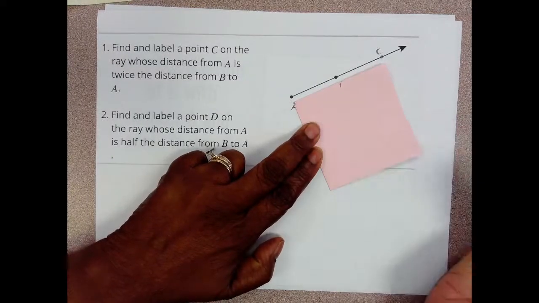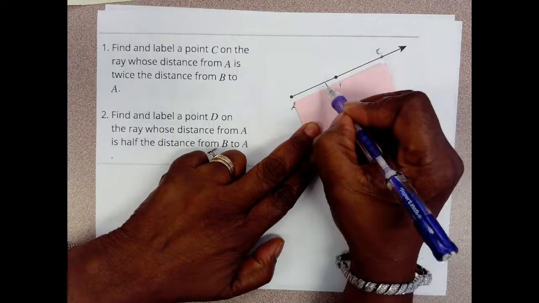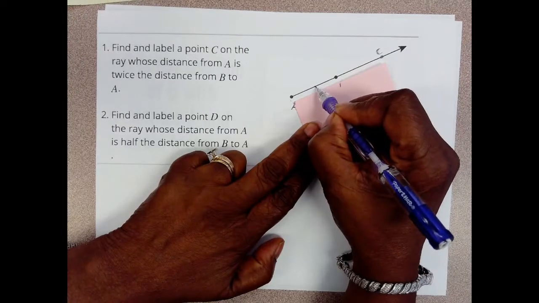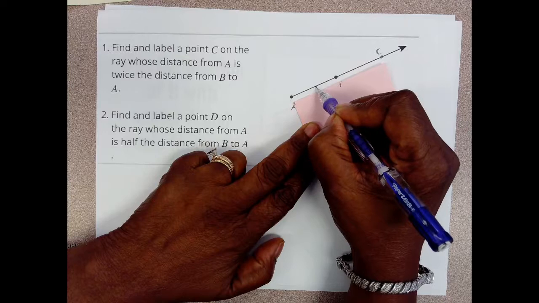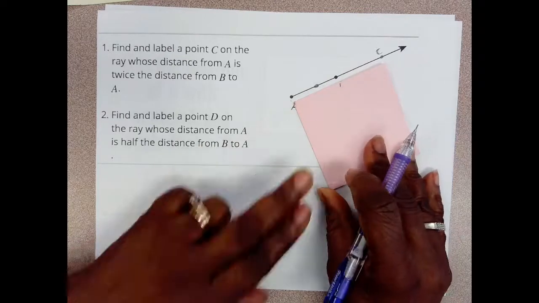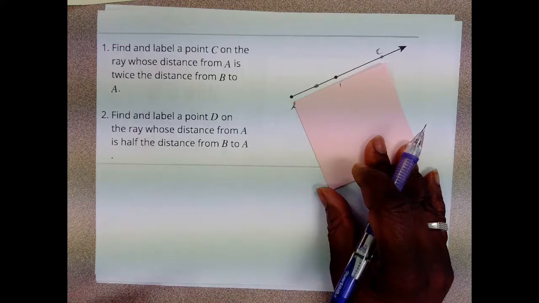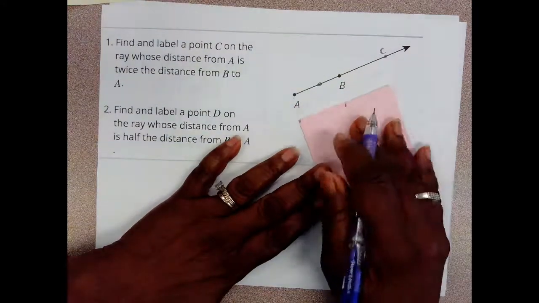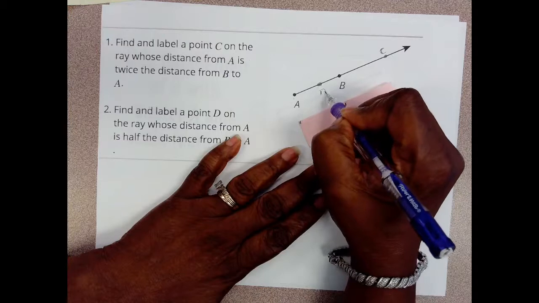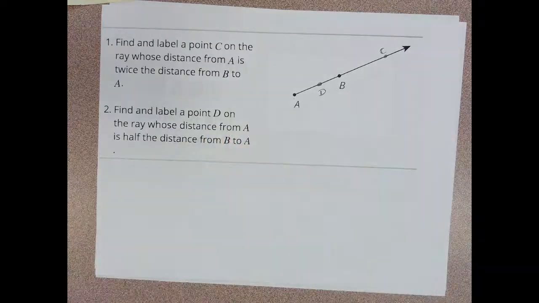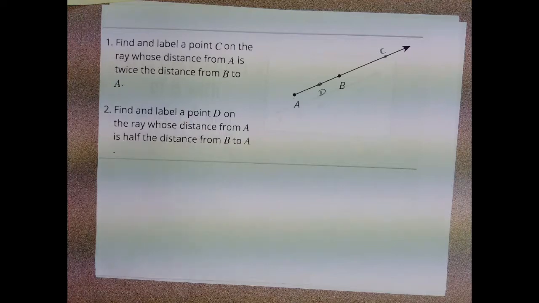We can use a ruler, or we can just estimate the halfway point between A and B. And so here is where you would label the point D. And you have completed that activity.